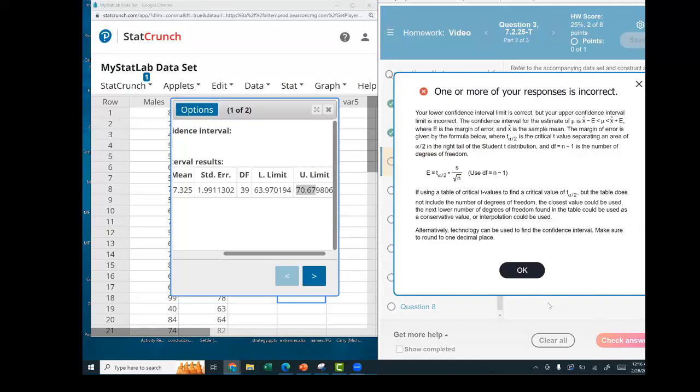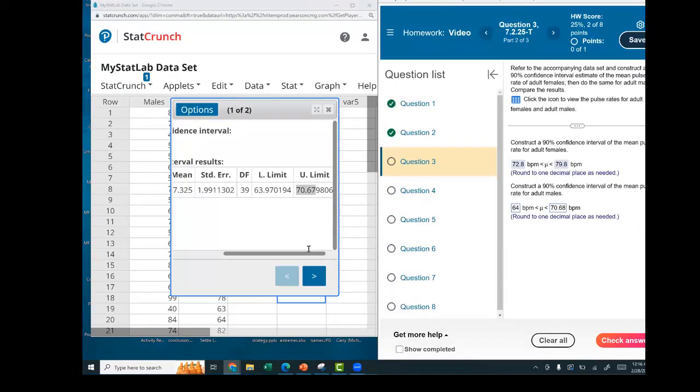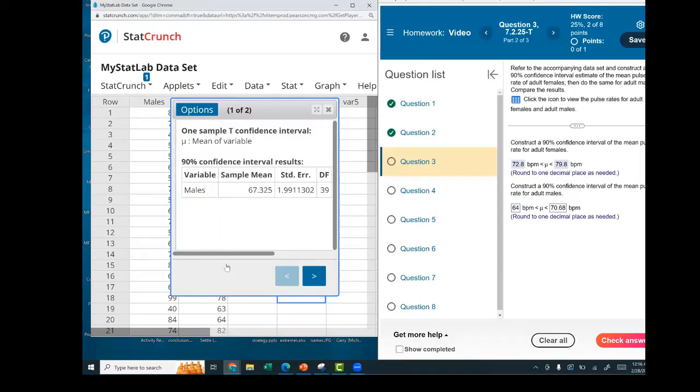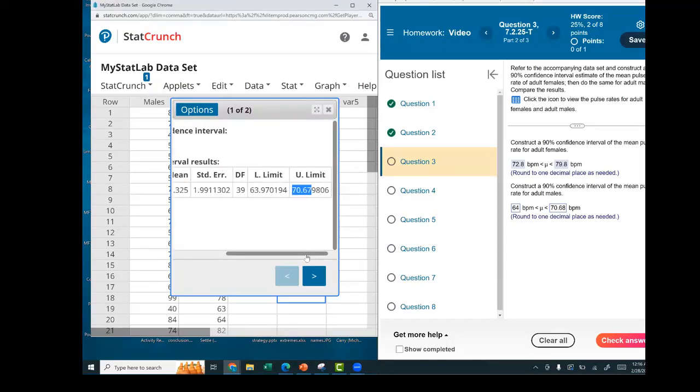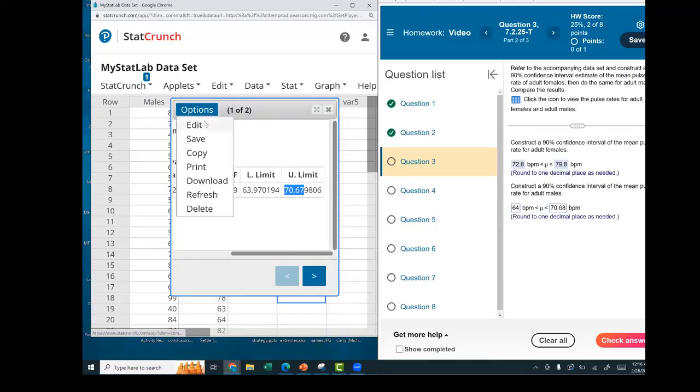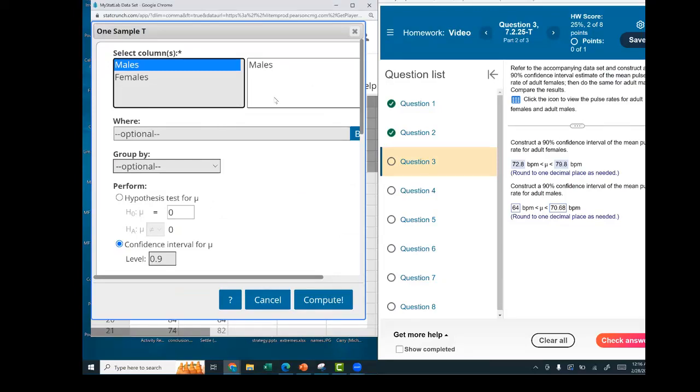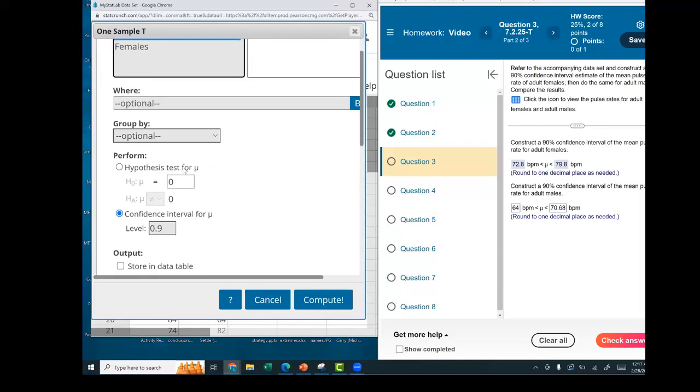Oh, what did I do? Am I in the wrong calculator? I'm in a T. Okay, 90%. Let's go look at it again. So we have males, yes. 90%, yes.